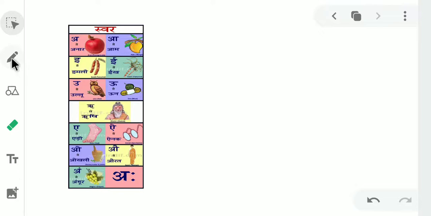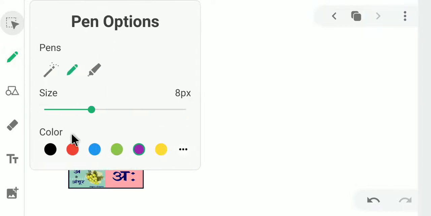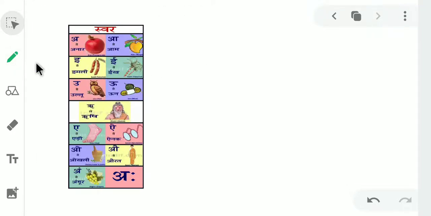Now I'm going to change the color of my pen. So I'm going to write oo. Suppose that if you have to write oo, then you can write it like this.